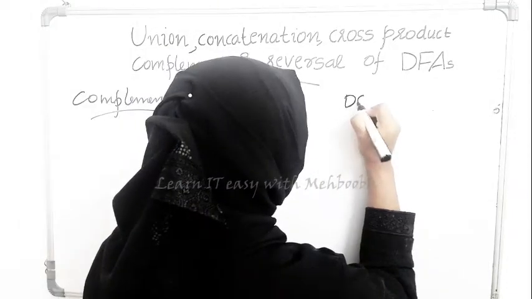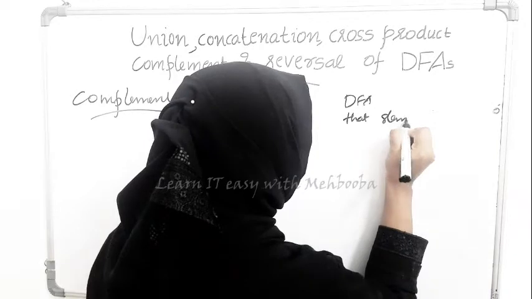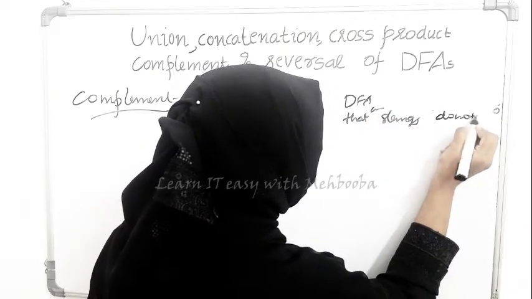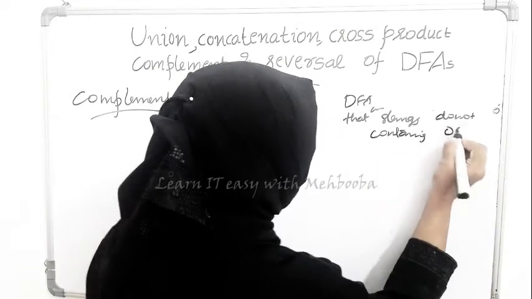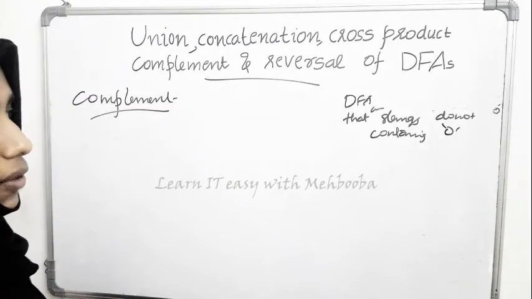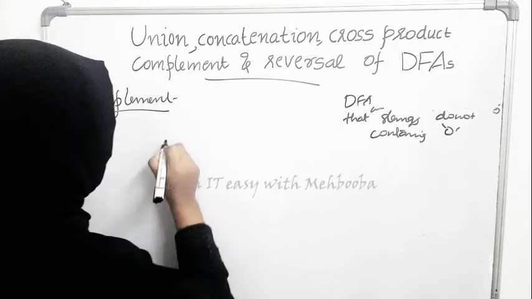We will see complement now. For the sake of an example, we will design a DFA that accepts strings that do not contain 0. So what we will do is design a DFA first which accepts only strings that contain a 0.